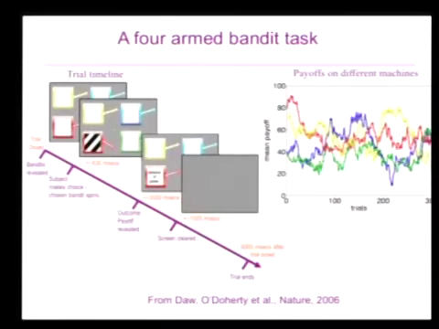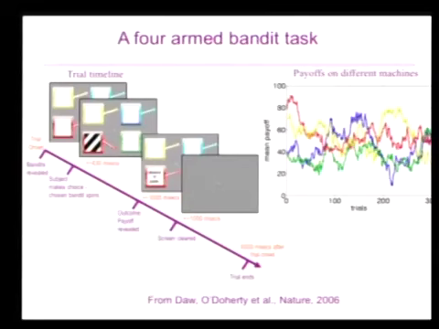So what we want to do is see whether we can look in humans and see how people, first of all, represent their expectations of future reward in the brain. Where does that happen? And then also, do we see these kinds of prediction errors kicking in as people are learning? Do we find evidence of that?